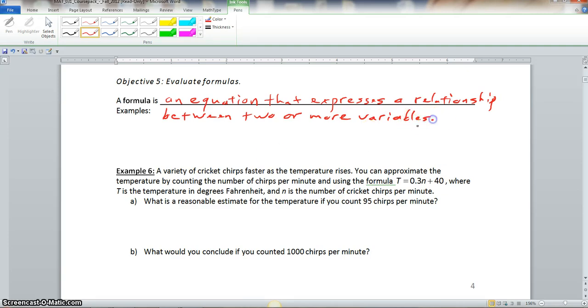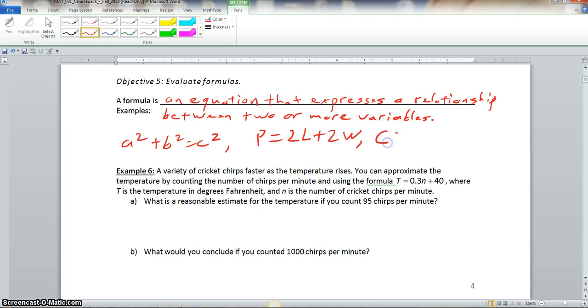Okay, now we want to give a couple examples. Now we could use the Pythagorean theorem, which is a squared plus b squared equals c squared. Or we could use the perimeter formula. The perimeter of a rectangle is 2 lengths plus 2 widths.